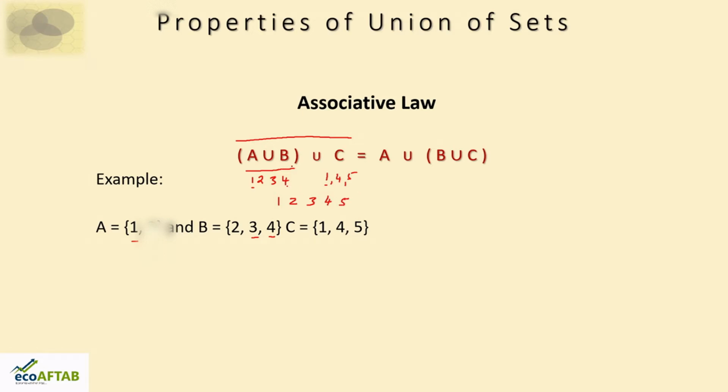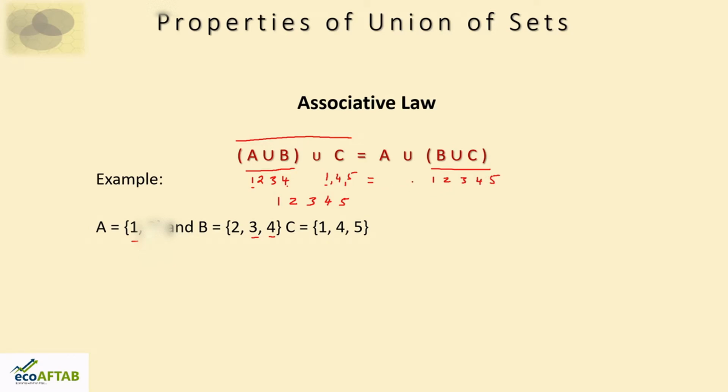So A union B union C is 1, 2, 3, 4, 5. Is it the same as this thing? So let us see B union C. B union C is 1, 2, 3, 4 and 5.